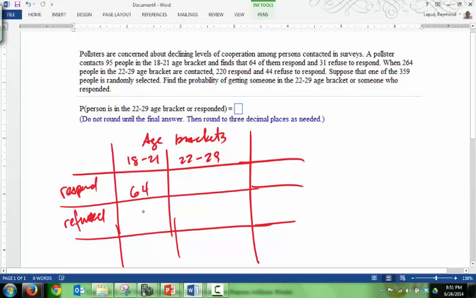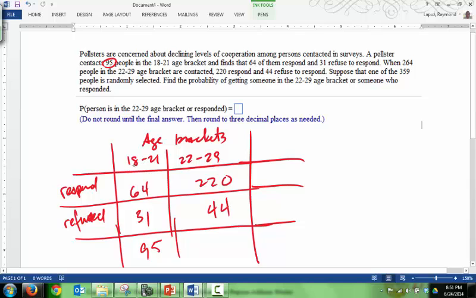And in the next bracket, 220 respond and 44 refuse to respond. They also give us information about the total, so we can add this ourselves. This would be 95. But they actually gave us that number also.